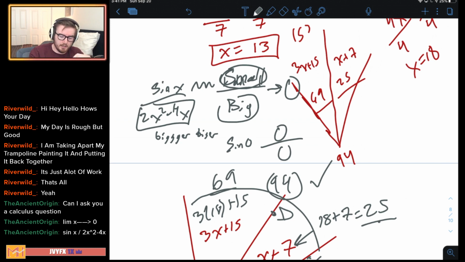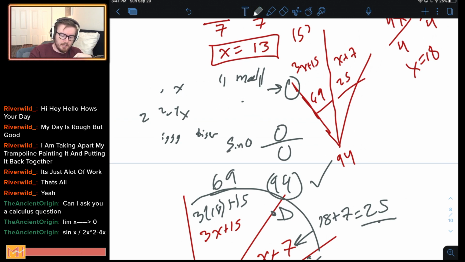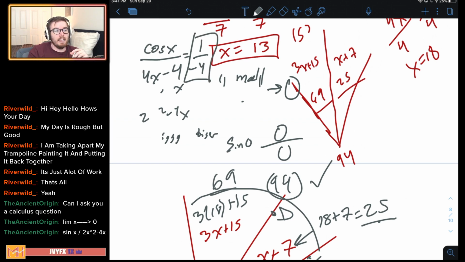You know what L'Hopital is? So you take the derivative of the top and the derivative of the bottom. So you'd get cosine of x over 4x squared minus 4. So this would be 1 over -4. I think that works.